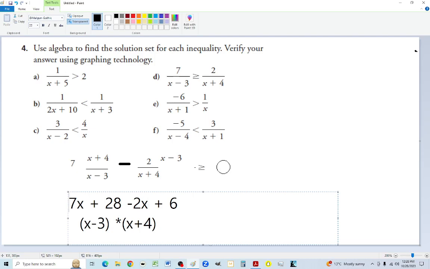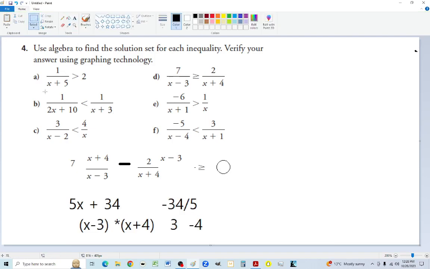And 7x minus 2x is 5x, 28 plus 6 is 34. So the number you're looking for up above is minus 34 over 5, 3, and minus 4. This is roughly 7. I might have gotten the 34 wrong, but it doesn't matter. It's the same process over and over again.